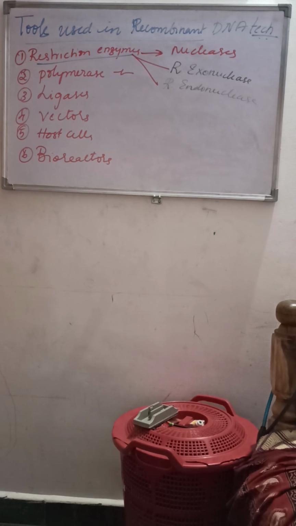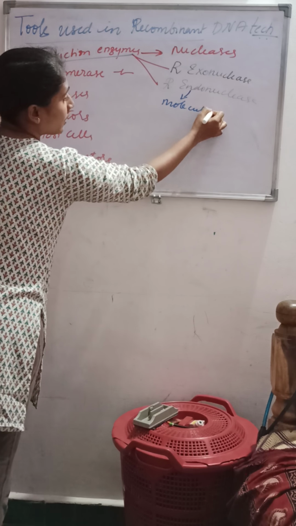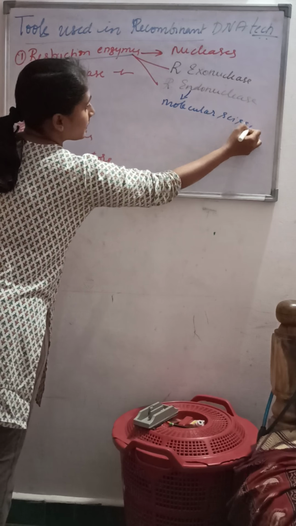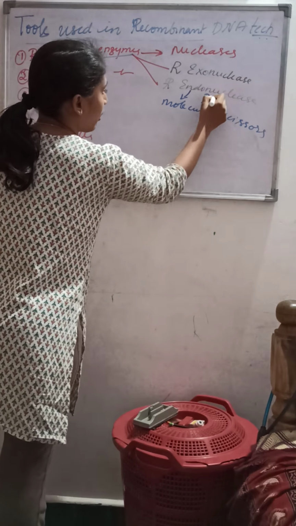There are two types of restriction enzyme, restriction endonuclease and restriction exonucleases. So these restriction endonucleases are called what? They are called molecular scissors. Right? We can also write it in a short form, REN.